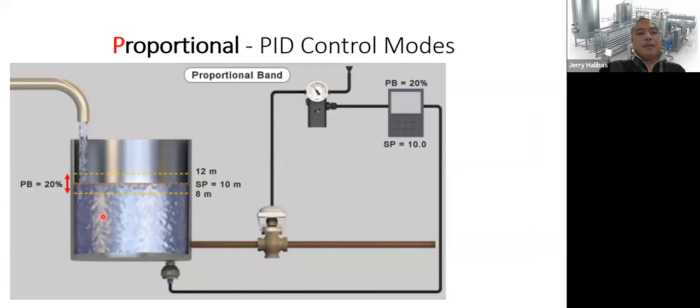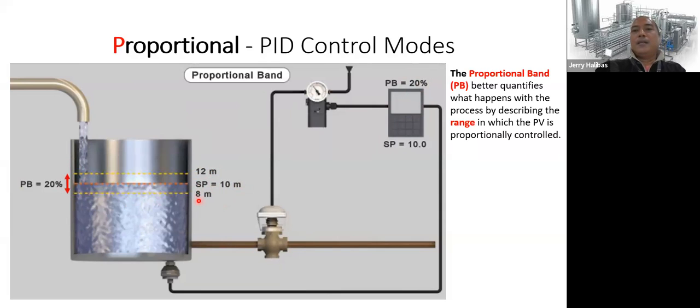So the problems now, the proportional gain is no longer what is given, it is the proportional band. Let's say the proportional band is set to 20%. How do we interpret that? Let us say the set point is 10 meters. The level rises to 12 meters, or goes down to 8 meters.